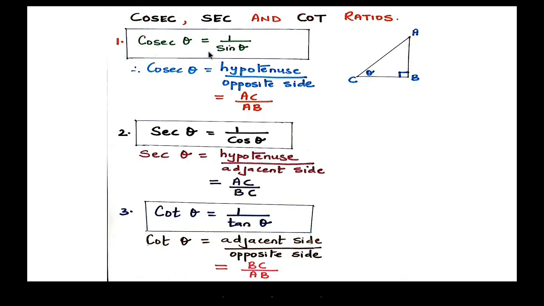So cosec theta is equal to 1 upon sin theta. Now we have already studied that for a right angle triangle, sin theta is opposite side upon hypotenuse. So cosec theta will be its reciprocal, that is hypotenuse upon opposite side, given by AC upon AB.